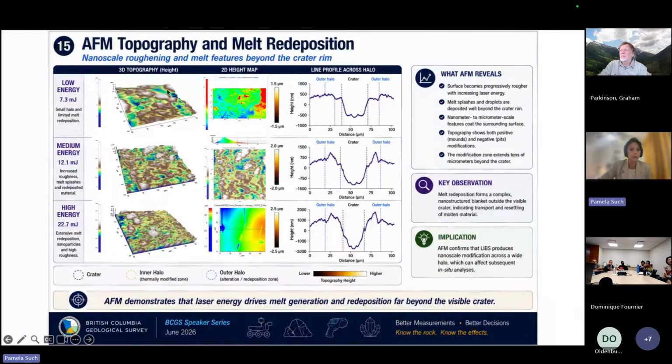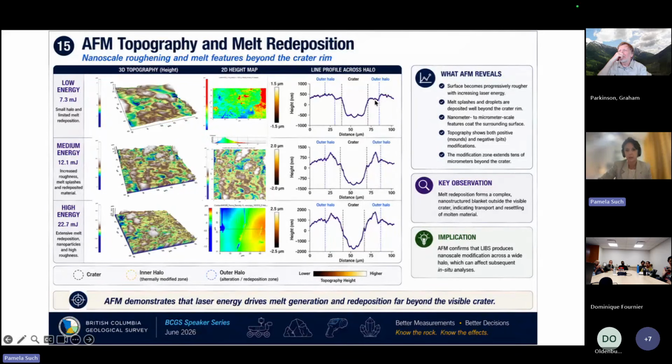These are images from the atomic force microscope: topography and 3D and 2D heat maps. I wanted to perform this study because I wanted to know how deep into the sample these craters and the alteration halo go.